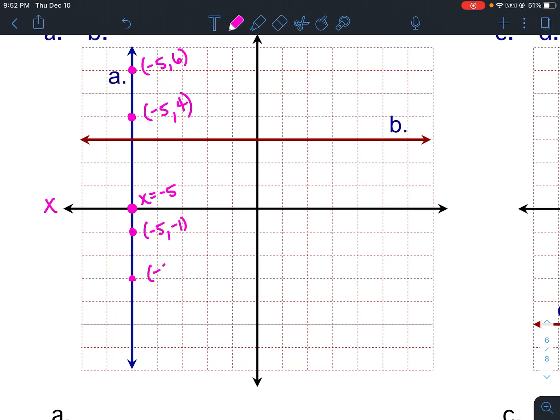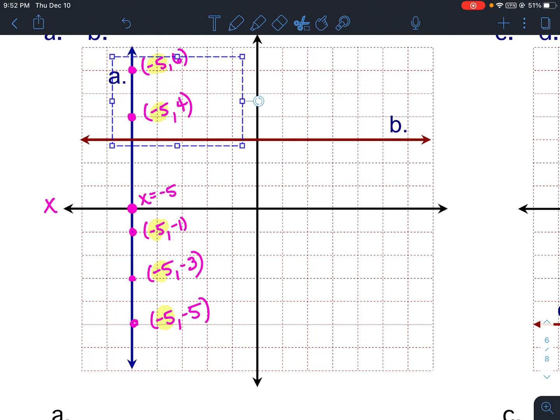This point here would be -5, -3. This would be -5, -5. If you look at every single point on this graph, it doesn't matter what y is, because x is always -5.